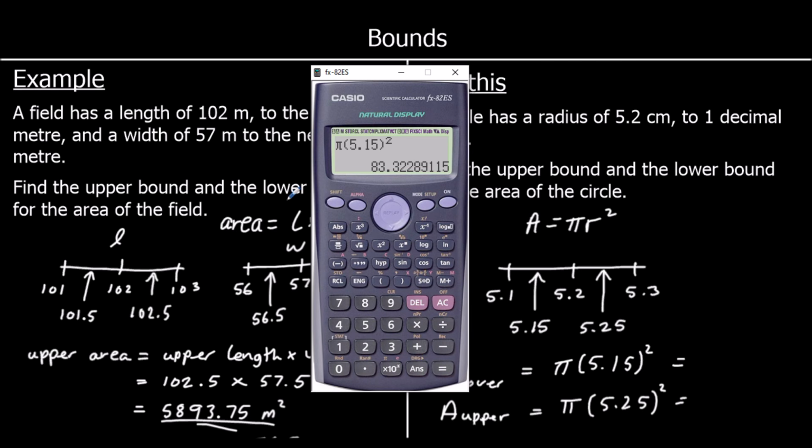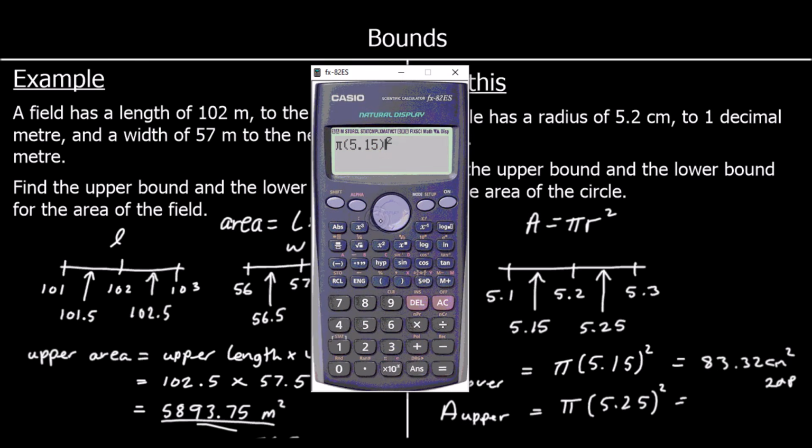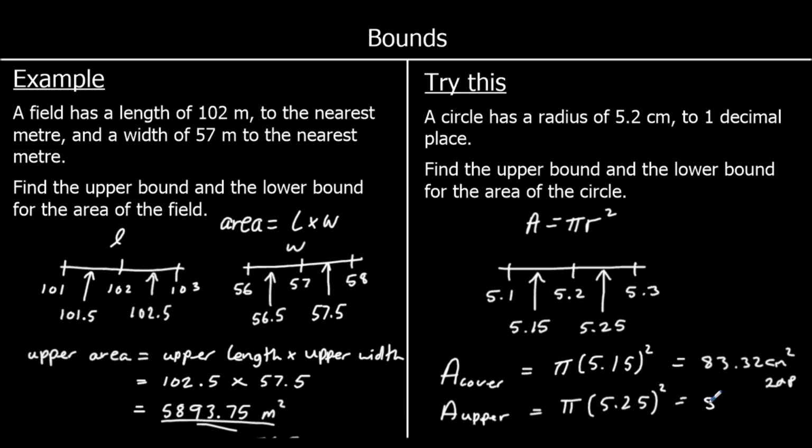I'll give this answer to 2 decimal places. So 83.32. And that's centimeters squared to 2 decimal places. And for 5.25, the upper bound, 86.59. So 86.59 centimeters squared, again to 2 decimal places.